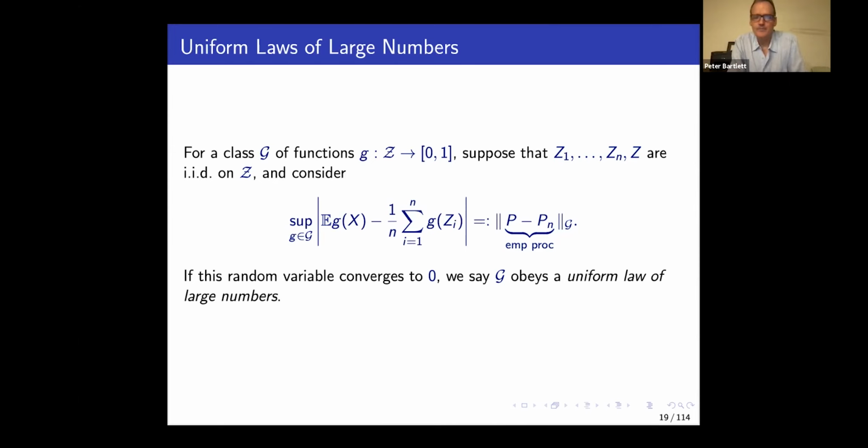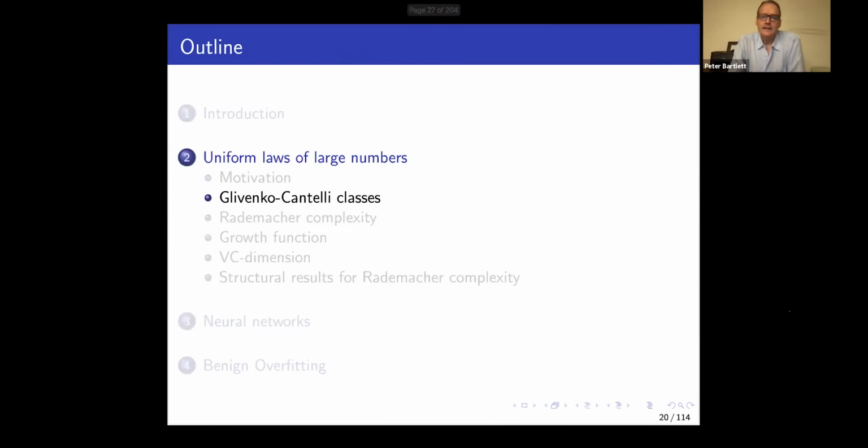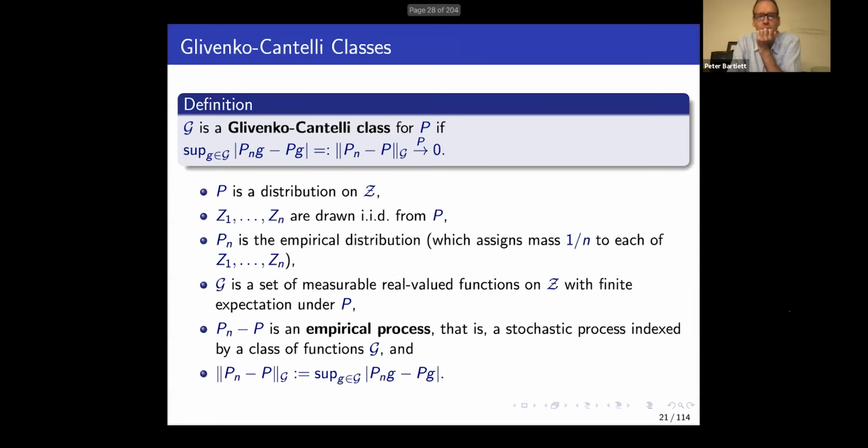Having that quantity go to 0 is our goal here. The usual terminology for this is a Glivenko-Cantelli class.